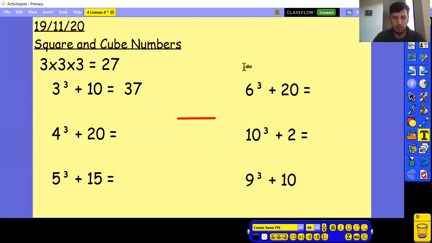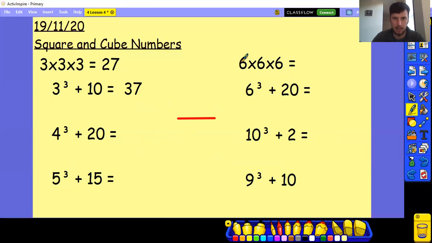6 cubed is again 6 times 6 times 6, which again might be slightly tricky, because what does 6 times 6 equal? 36. And we've got to times by 6, so again that might be pretty hard to do in your head. So we've got 6 times by 6, which equals 36, and then we've got 6 times by 3, which equals 18.